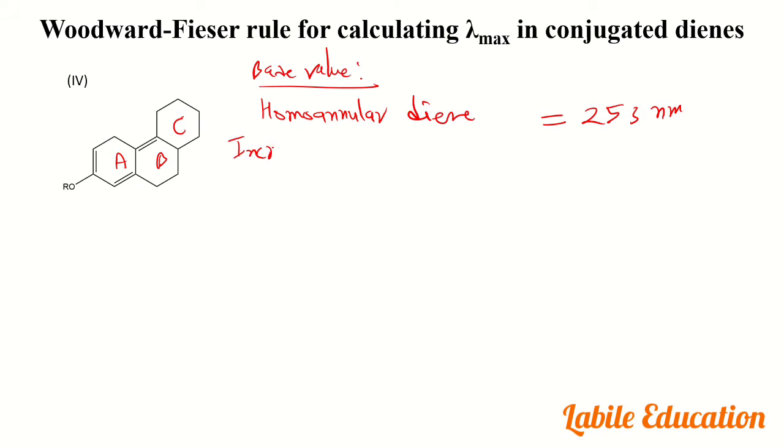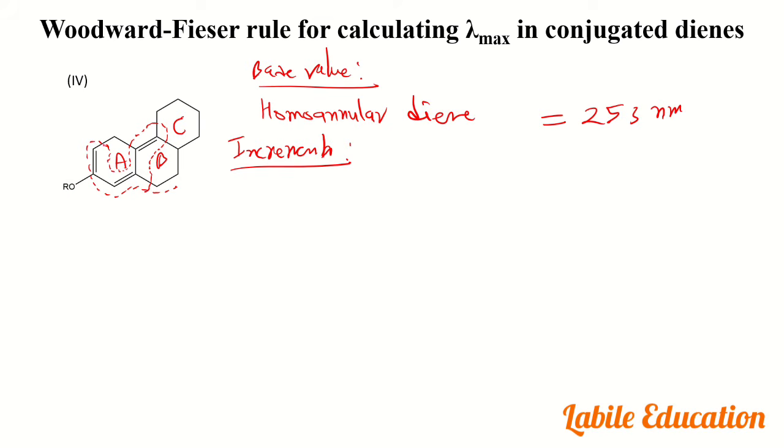Now we will consider the increments here. First of all, we will mark the conjugated system. You can see it will start here, not this side, this side. Yes, this is the conjugated system. Here you can see in the conjugated system there is no alkyl group. This is a functional group, an alkoxy group, ether group.